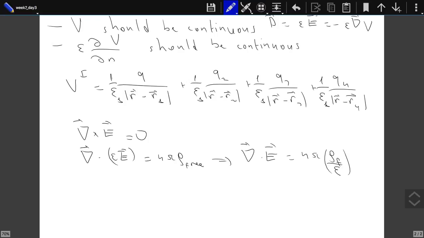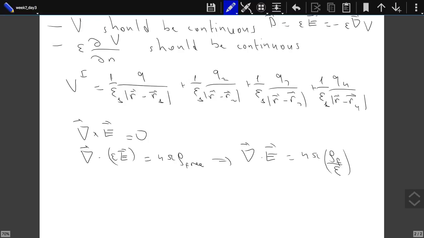Well, it doesn't really make too much of a difference, because if it is wrong, eventually we will obtain a Q2 which will be proportional to, let's say, epsilon 1 over epsilon 2. That would tell me that instead of 1 over epsilon 1, I should have 1 over epsilon 2. Now, at least this potential in region 1 satisfies both of our equations.